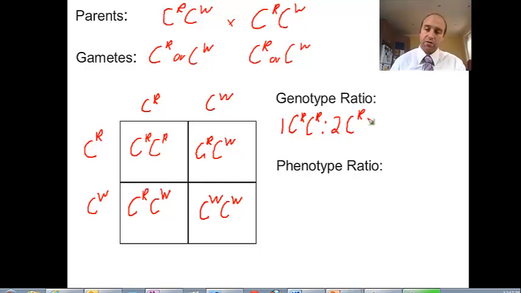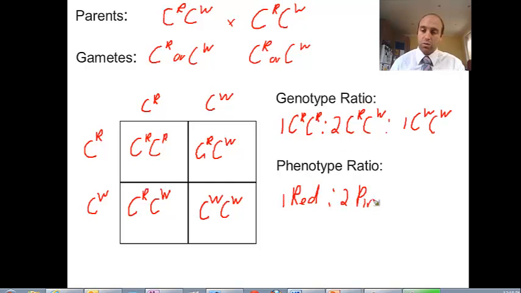And I'm going to have 1 individual who is homozygous for white. And now the real difference, I suppose, comes down to when we write our phenotype ratio and we have 1 red, which is this guy here, 2 pink, and 1 white.